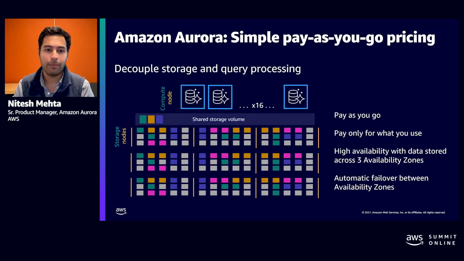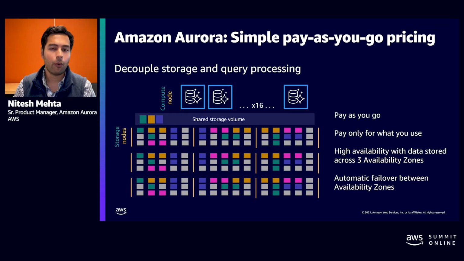So here I'm sharing on my screen what that looks like. As you can see, we support up to 15 read replicas and one primary instance. And at the storage nodes, we replicate the data across 3 different availability zones within a region. So if something happens to one of those availability zones, we still have 2 more availability zones to continue serving your application traffic.